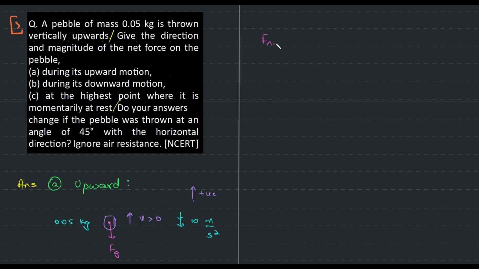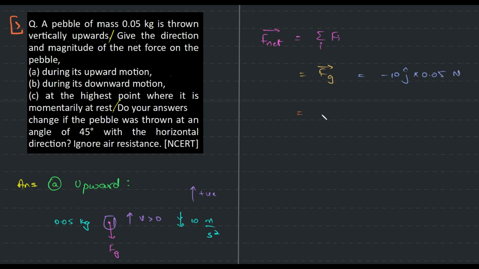So you have F net is equal to the sum of all the forces acting on the object. In this case, it's just one, that is Fg. Oh, sorry, my bad, this is mass times acceleration.